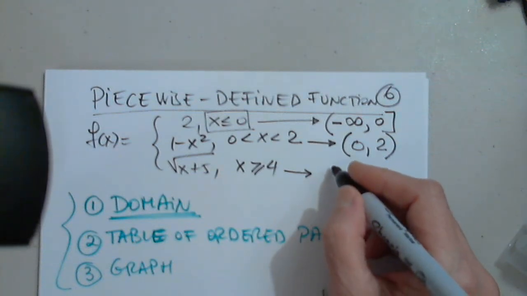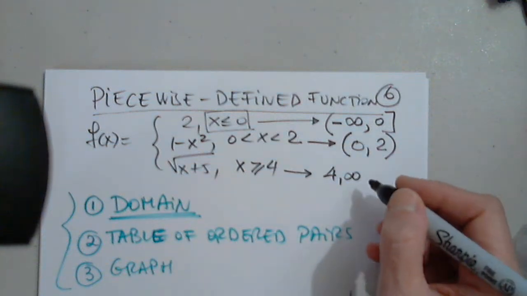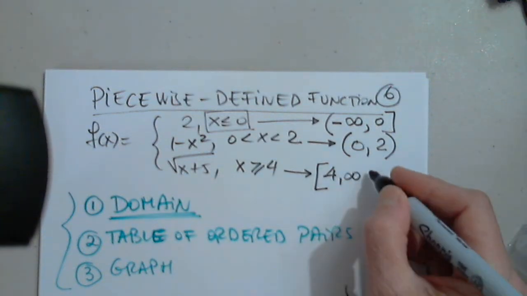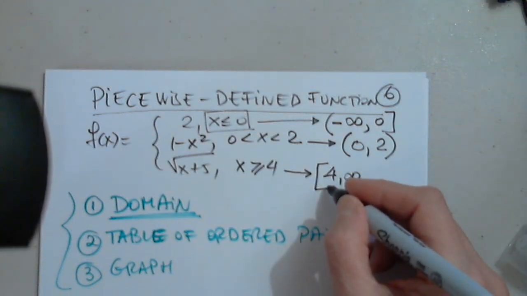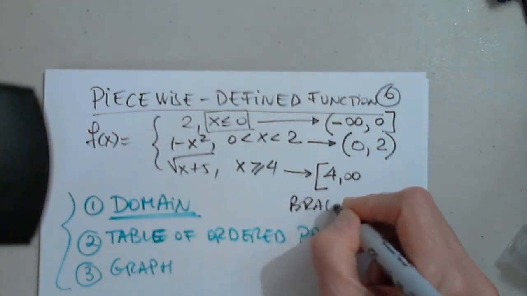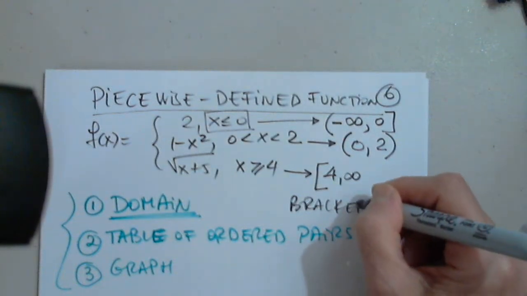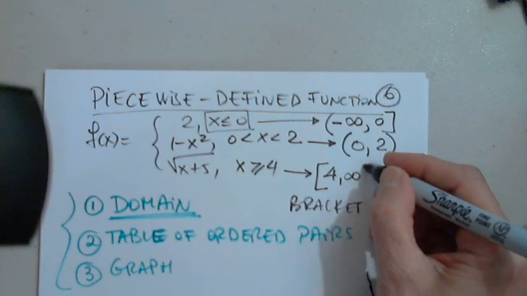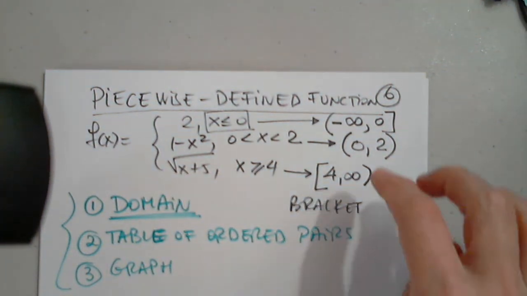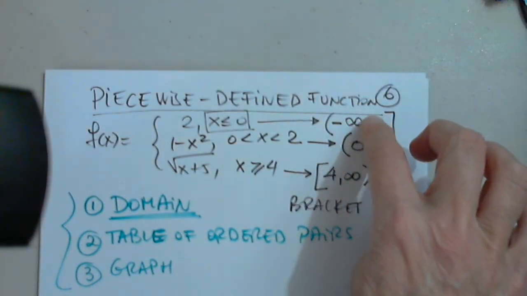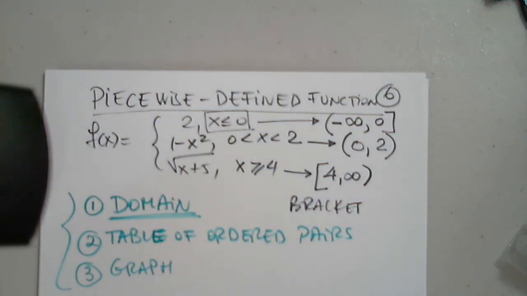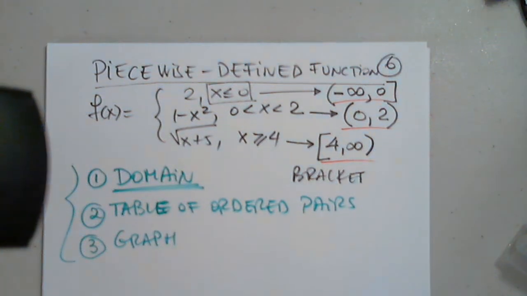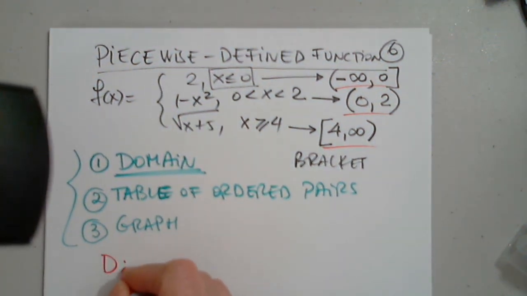Say 4 to infinity. And then the bracket. Alright. No worries. And then the parentheses. Very good. Awesome. Good. So from here, can you identify the domain of this function? Simply looking at these. What is the domain?